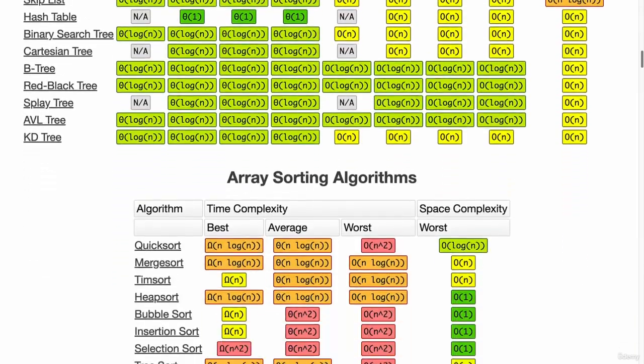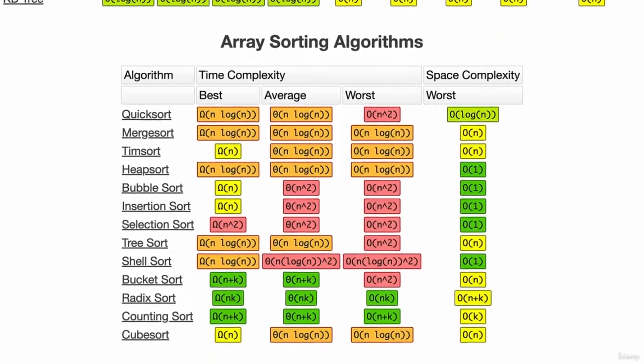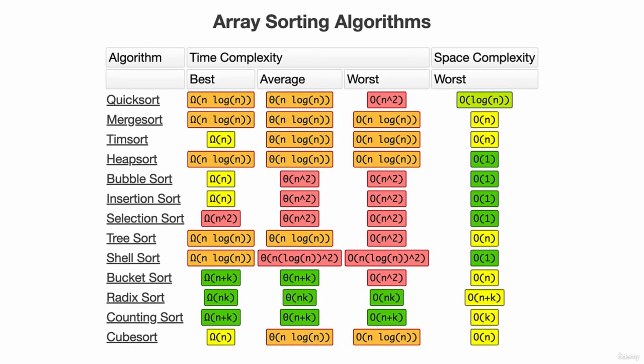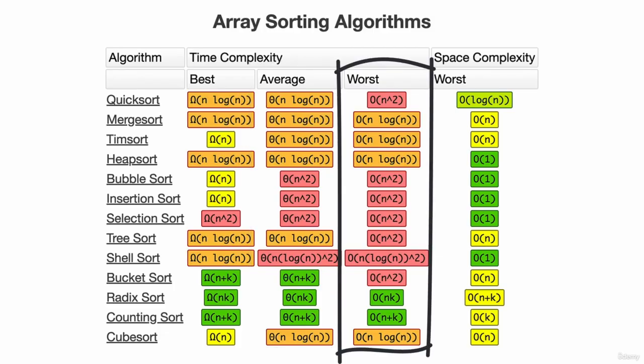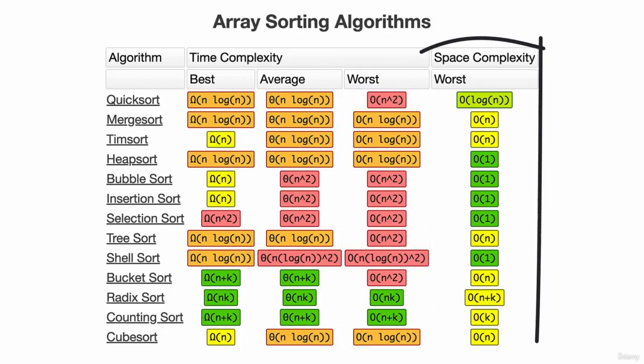So then if we scroll again, you have array sorting algorithms. And this has best with omega, average theta, worst O for time complexity. And then the space complexities are all over the place. And this is where we will talk about space complexity.